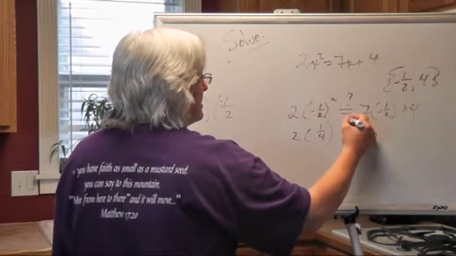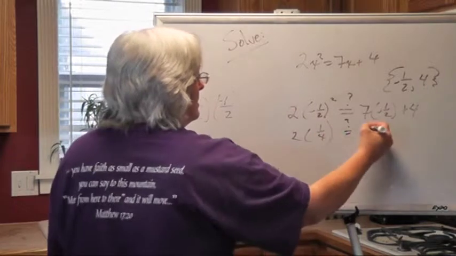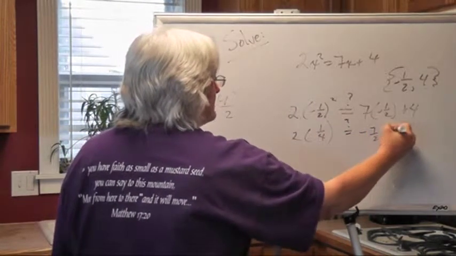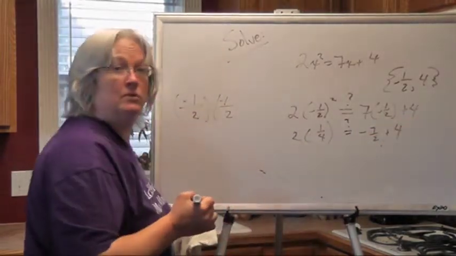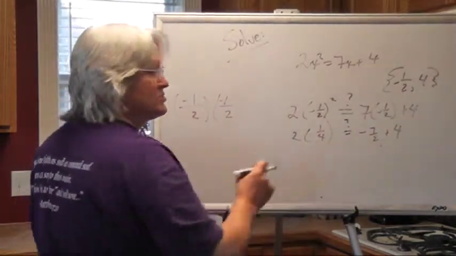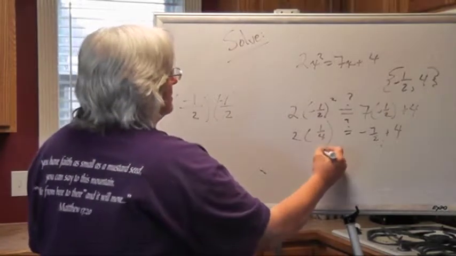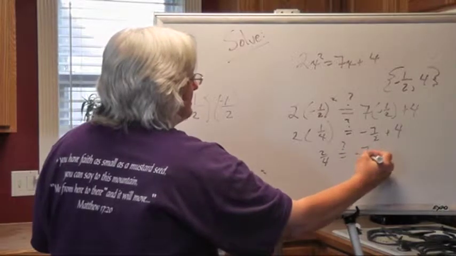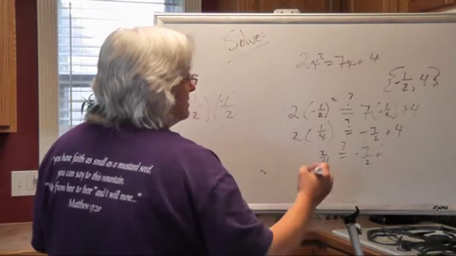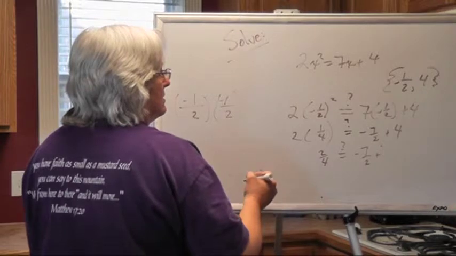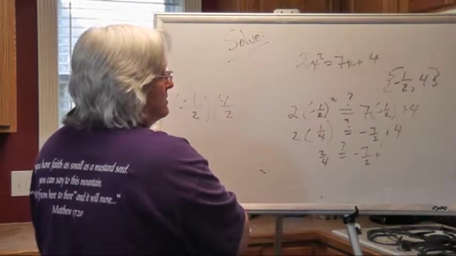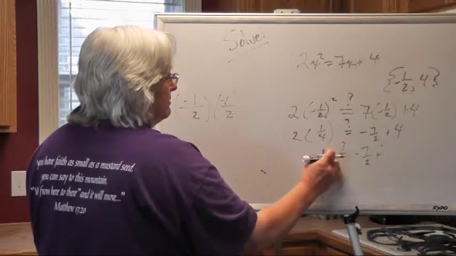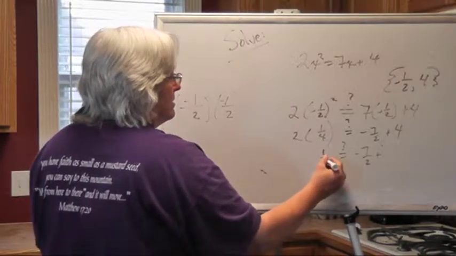Is that equal to negative 7/2 plus 4? Well, do you see that this is true? Well, let's see. 2/4. Is that equal to negative 7/2 plus 4? 2/4 or 1/2. Let me write it this way. 1/2.